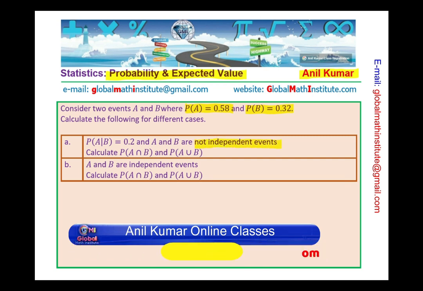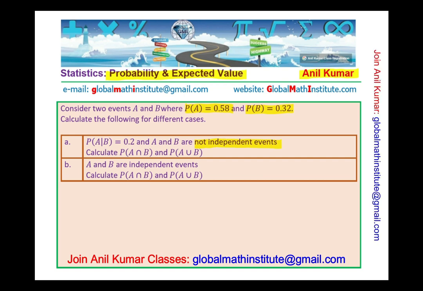In that case, calculate probability of A intersection B and also probability of A union B. Second case is A and B are independent events, and in that case, calculate probability of A intersection B and probability of A union B.